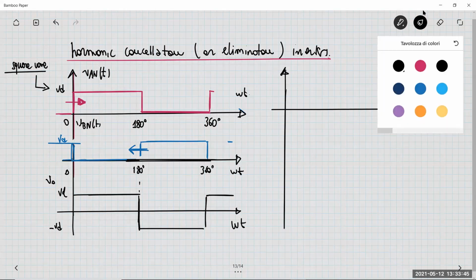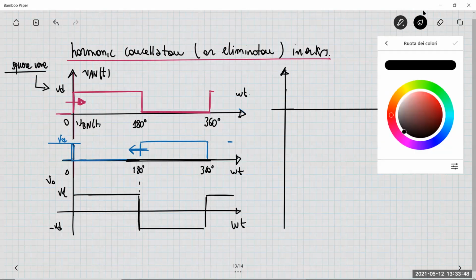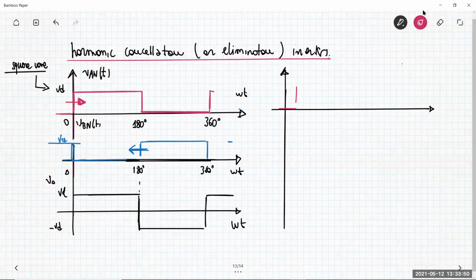Let me put the waveform VAN in this way. I shifted it a little bit. Let me put this angle to be alpha. This is omega t. So we have 180 here, and this is 180 plus the angle alpha. The amplitude is always Vd.